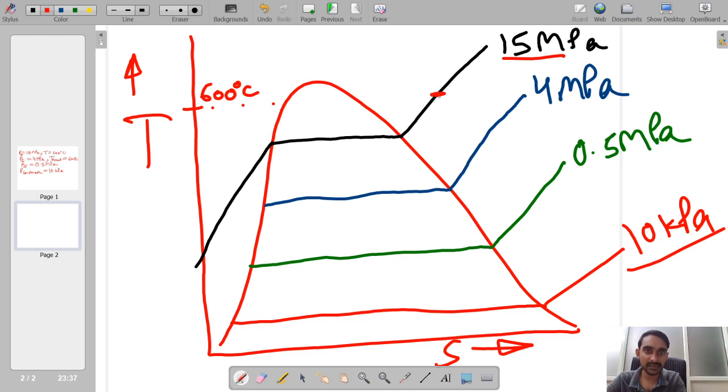Now from this the steam is expanded over a turbine, and say this is my point number 9, say this is my point number 10. Now this point 10 is nothing but corresponding to 4 megapascal pressure. Now what we did at this 4 megapascal pressure, we have taken certain fraction of the steam.